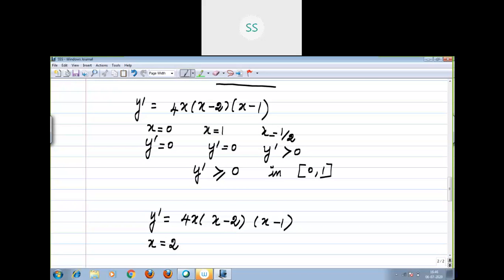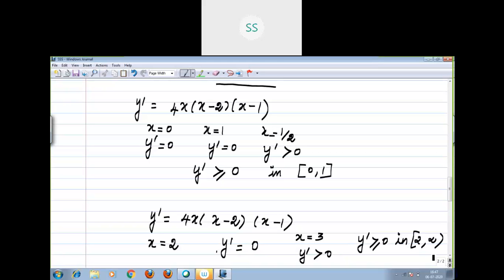Closed bracket represents that the value should be accepted. That value you can assign for x. That is the meaning, right? That's why I use the bracket as closed. Y dash equal to what you will get? 0, right? After that, when you assign x is equal to 3, your y dash should be greater than 0. When you compare, what you will get? Y dash greater than or equal to 0 in closed interval 2, infinity.